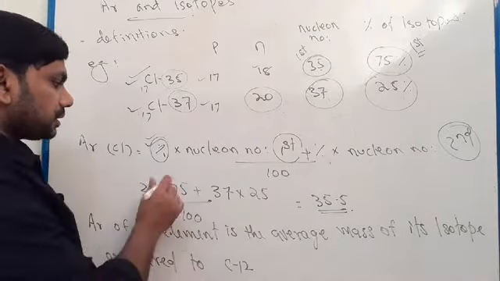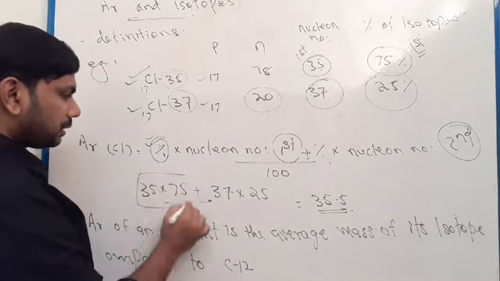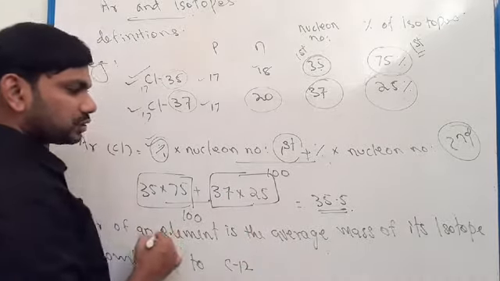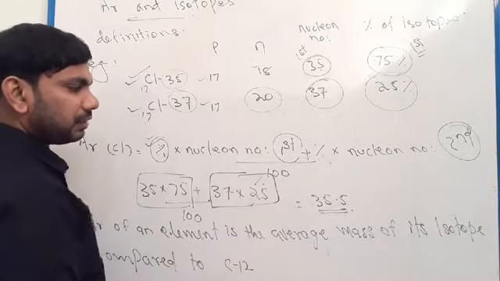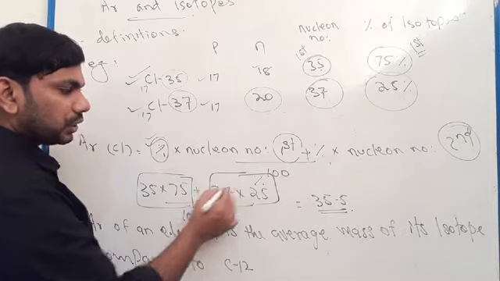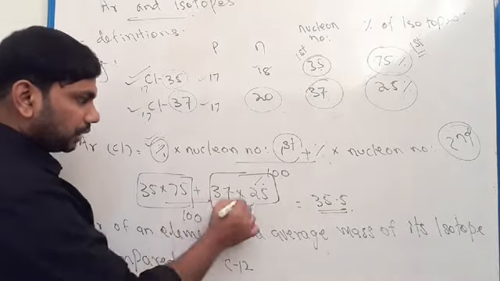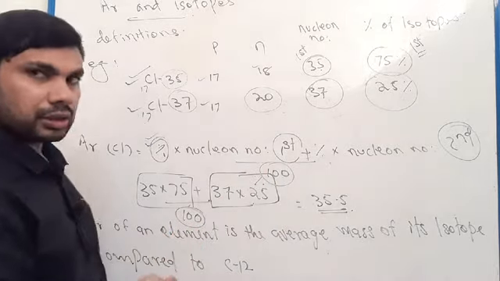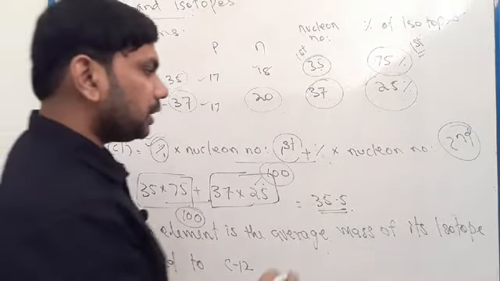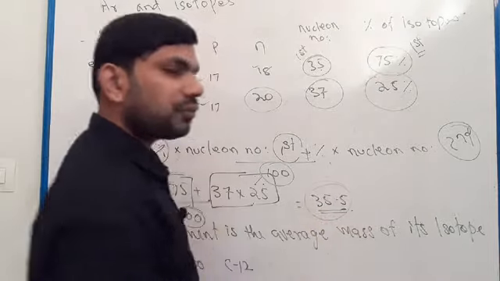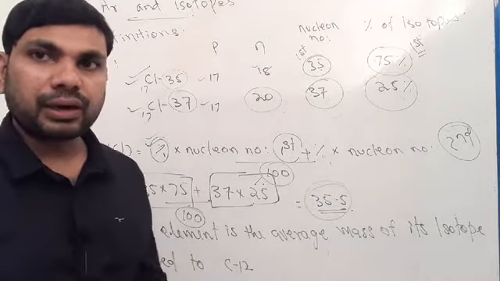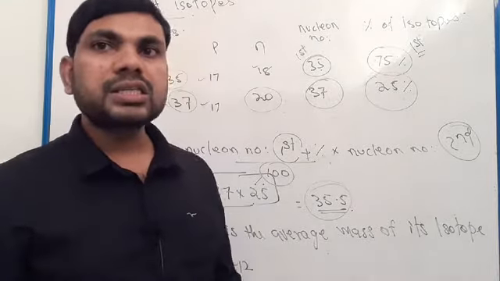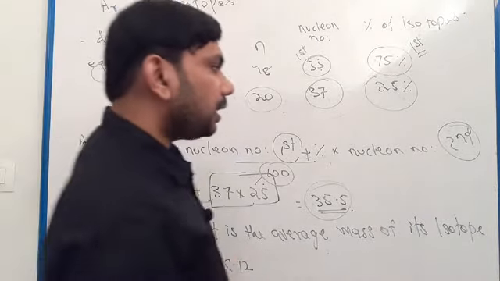Then divide by 100. After calculation you will get 35.5. So the relative atomic mass of chlorine is 35.5.